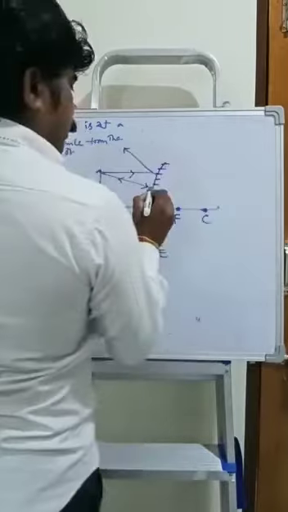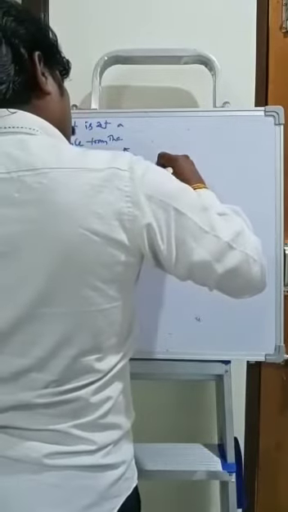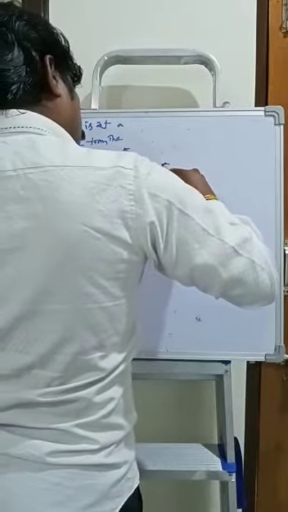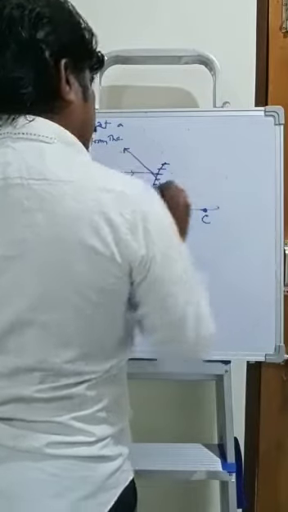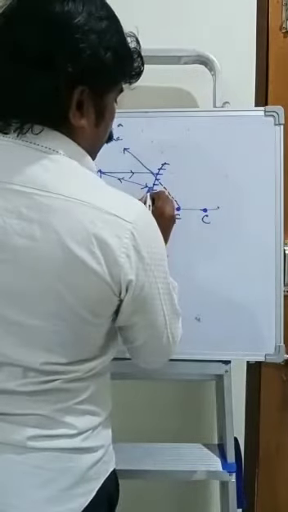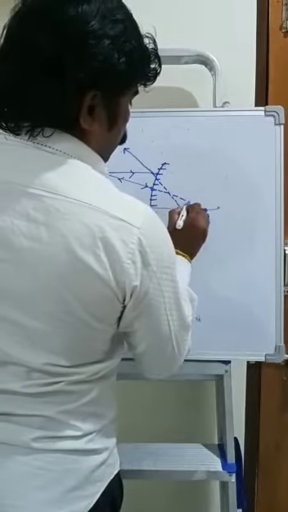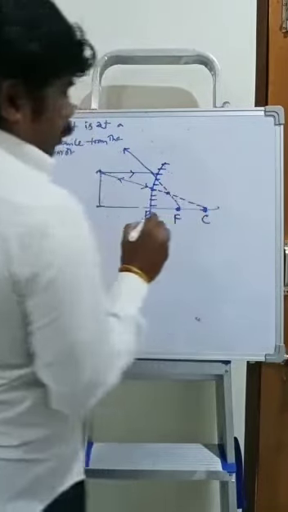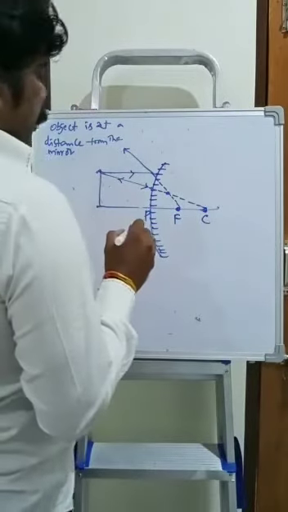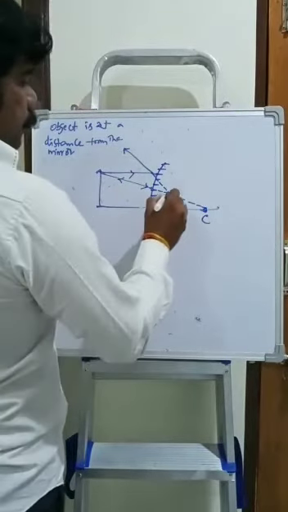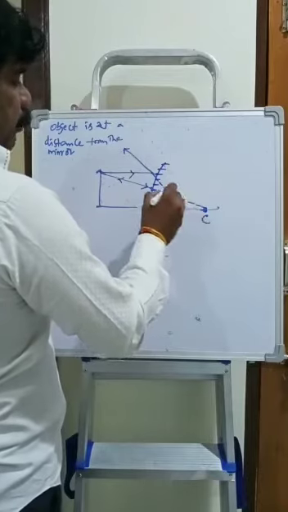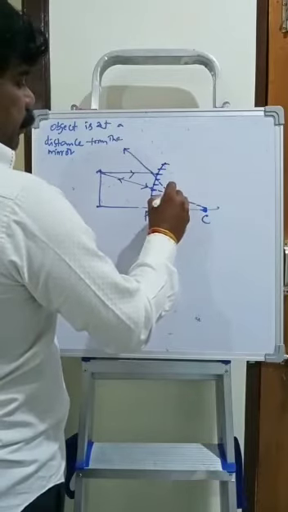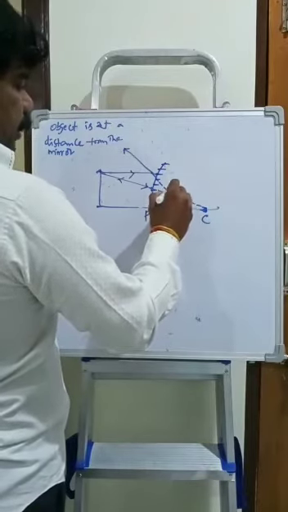When extending back the two reflected rays, the point of intersection of the two reflected rays when extended back, that means indirectly, is the location of the image.